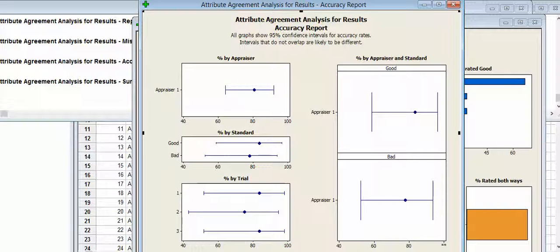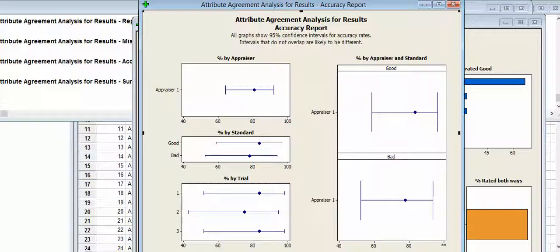And the difference between the trials, so we had 3 different trials. You can see the percent acceptance on trial 1 is 83%, on the second trial 75%, and the third trial is 83% again.